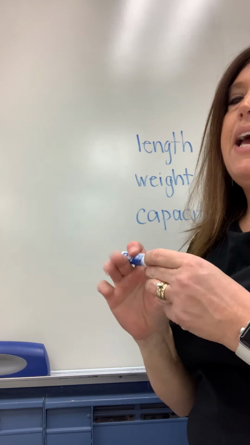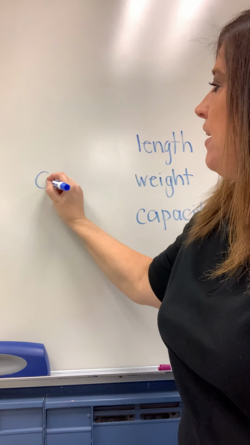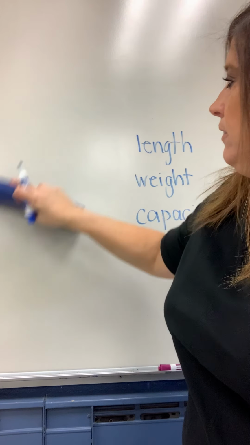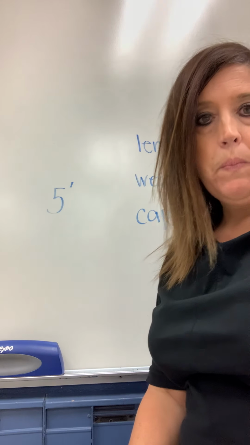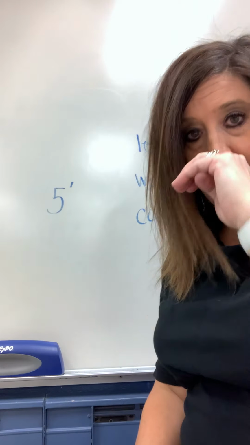Let's say I have 60. No, let's not do 60. Let's do 5. Let's say I have 5 feet. Okay, so that will be having 5 rulers lined up. How many inches is that?